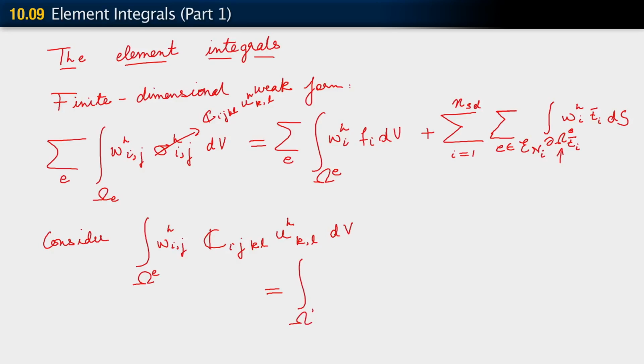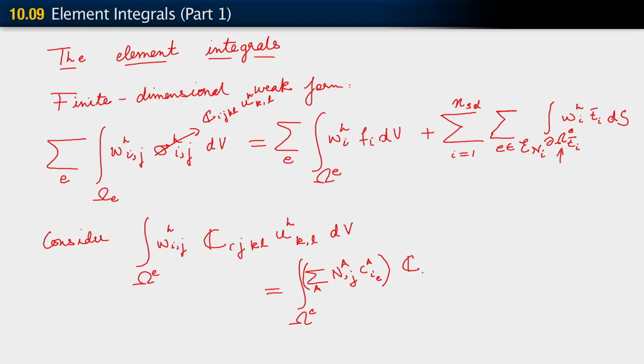I'm going to write this as an integral over omega e. The w^h_{i,j} is written as a sum over a of N_{A,j} c_{Ai}. Okay, this is w^h_{i,j}, and I put it in parentheses.